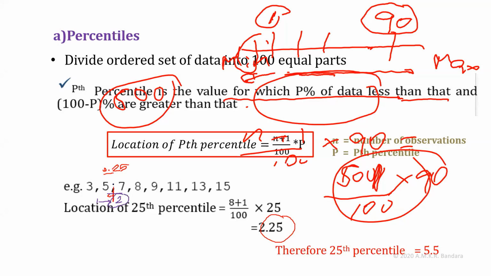So we want to find out what the change is when we go 0.25 unit from the second observation.